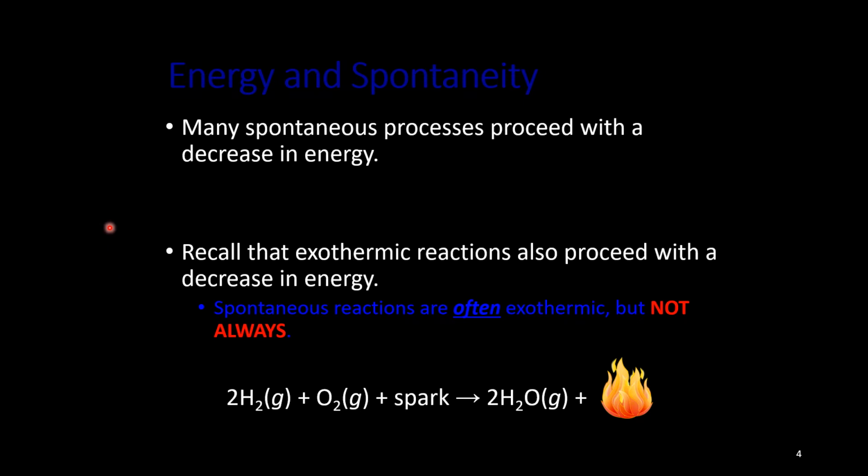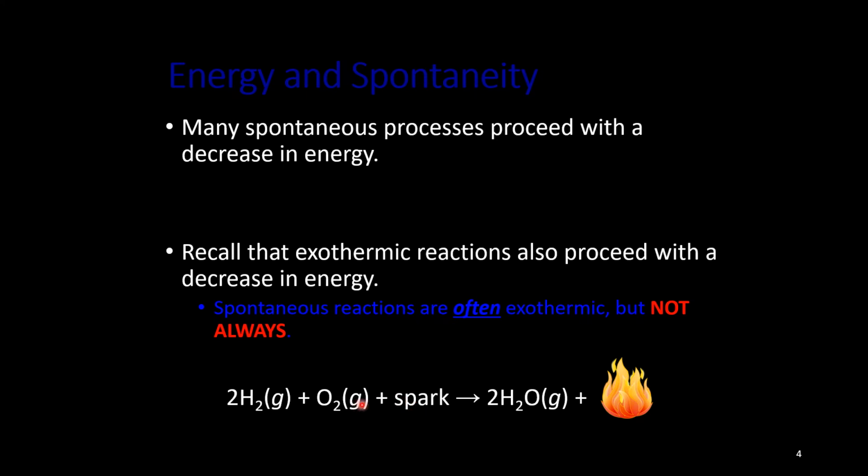A lot of times this is where we can get a little confusing with our terminology. So back in chapter 5, remember that you're supposed to have the enthalpy stuff going in your head here. We talked about exothermic versus endothermic reactions. So you have to have that going forward here. But it is often the case, like with the phosphorus that I just talked about on the last slide, and with this reaction here, if you have hydrogen gas, oxygen gas, and then this time you do need a spark to set it off.